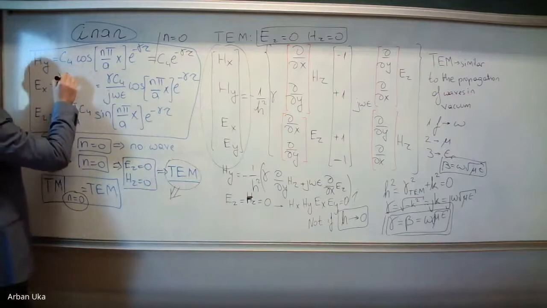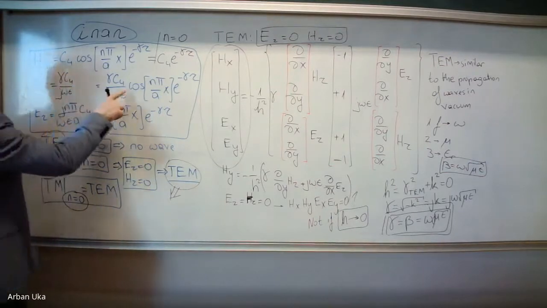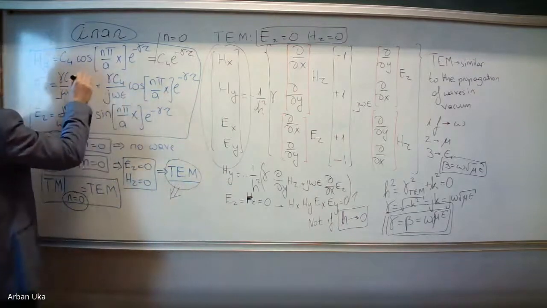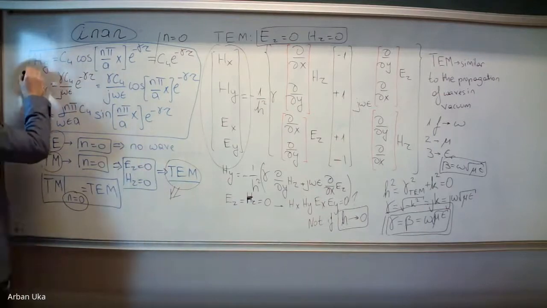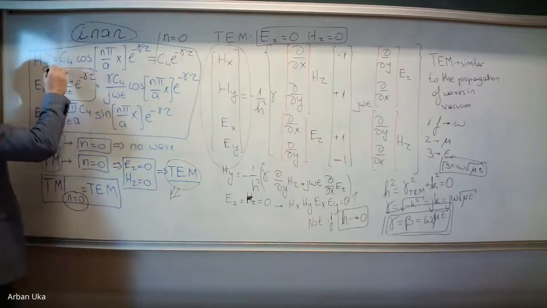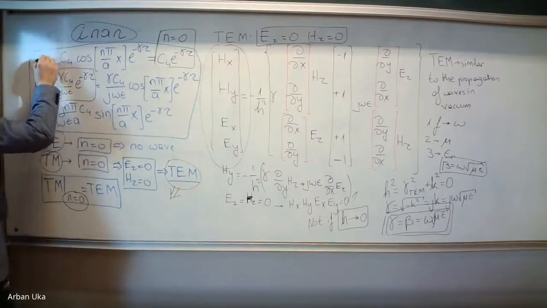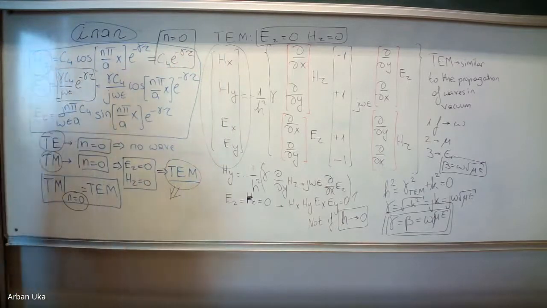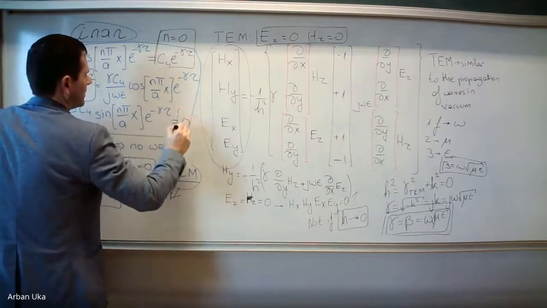We have here gamma C4 over j omega permittivity, cosine is gone, e to the power minus gamma z. This is all that we are going to see for the TEM wave. So these two quantities will be the non-zero quantities, because the EZ would be equal to 0.